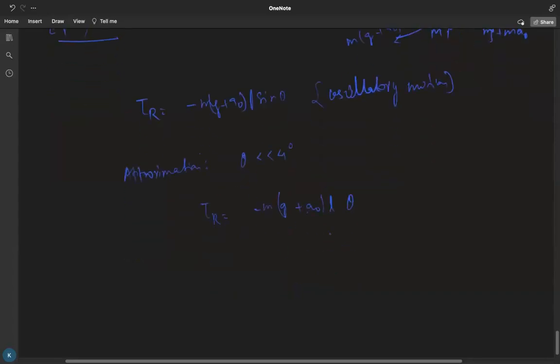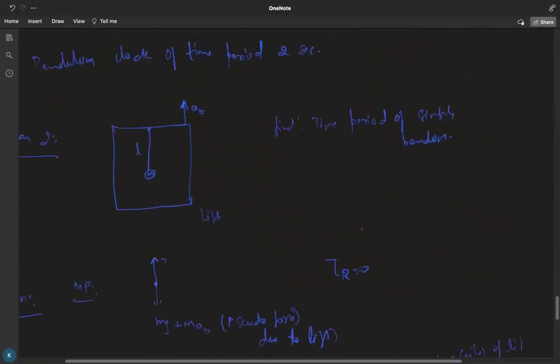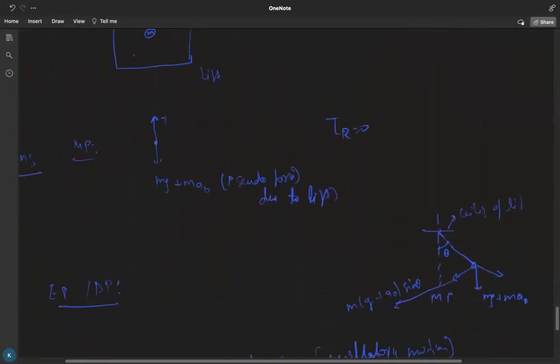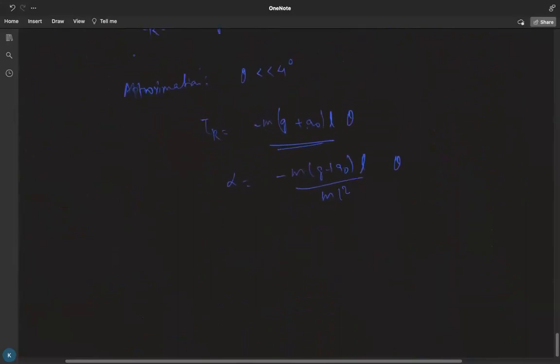So alpha is equal to minus m(g plus a naught) L by mL square into theta, because the moment of inertia about the suspension point remains the same, which is mL square.